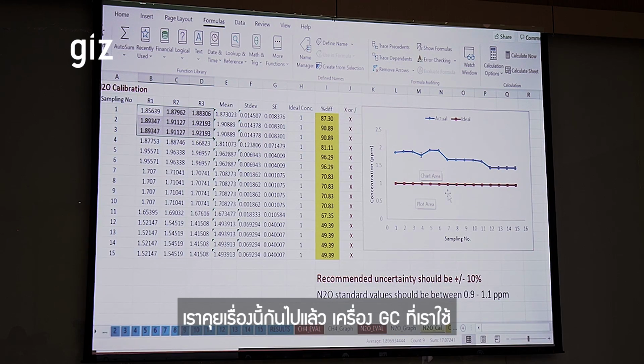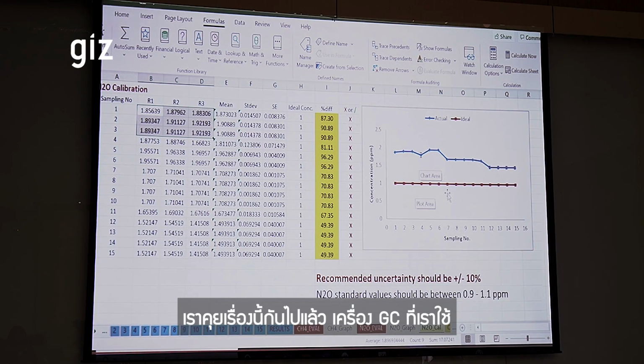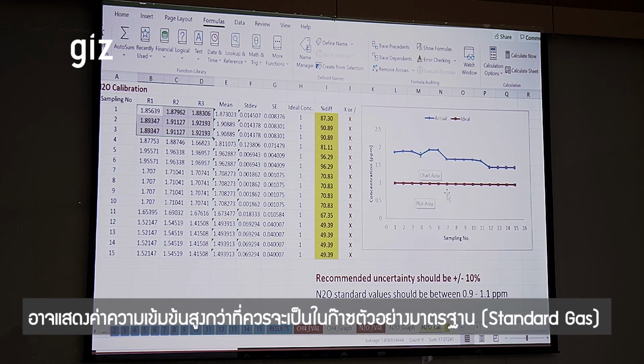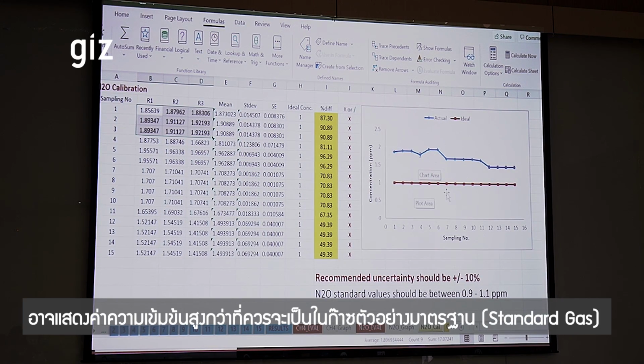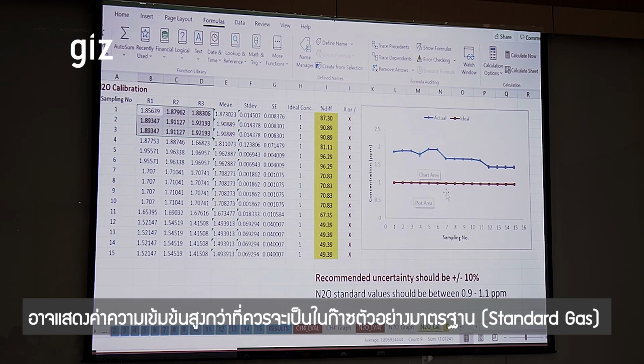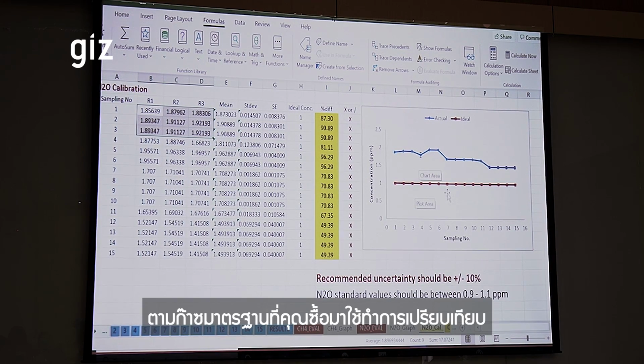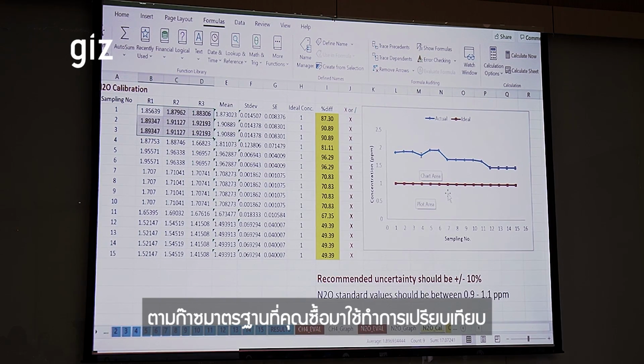So we discussed that already, that the machine, the GCs you use, somehow show a higher concentration than actually should be in your standard sample, which should be 1 ppm in the standard sample that you purchase, for comparison.